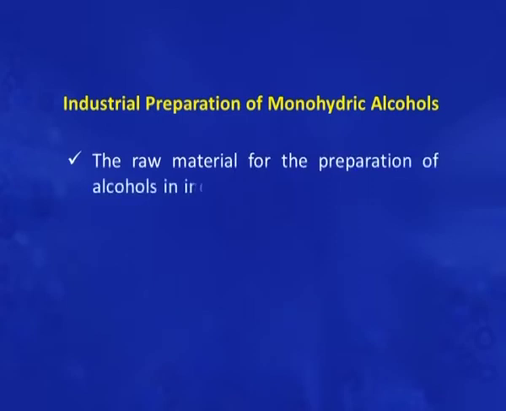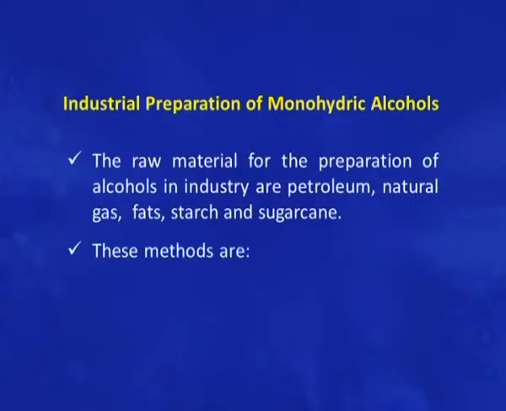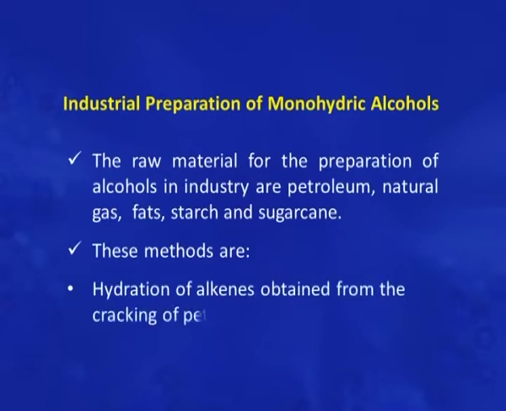Now we will discuss the industrial preparation of monohydric alcohols. The raw materials for the preparation of alcohols in industry are petroleum, natural gas, fats, starch and sugarcane. The methods usually adopted for the preparation of alcohol starting from these raw materials are hydration of alkenes obtained from the cracking of petroleum.